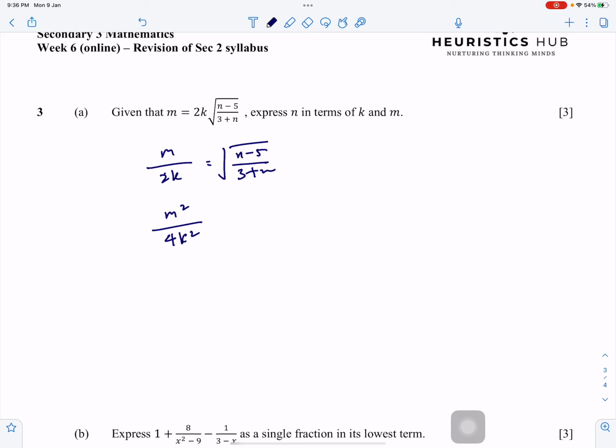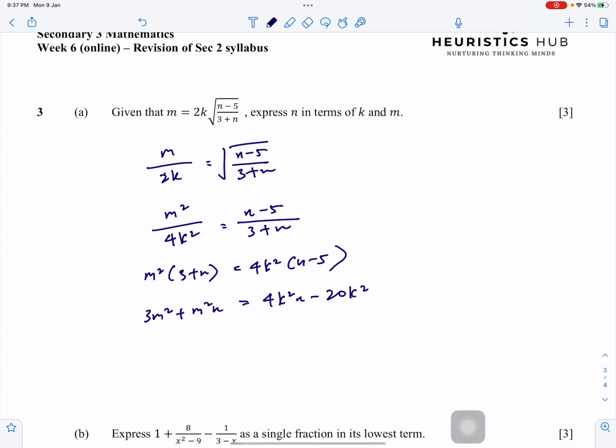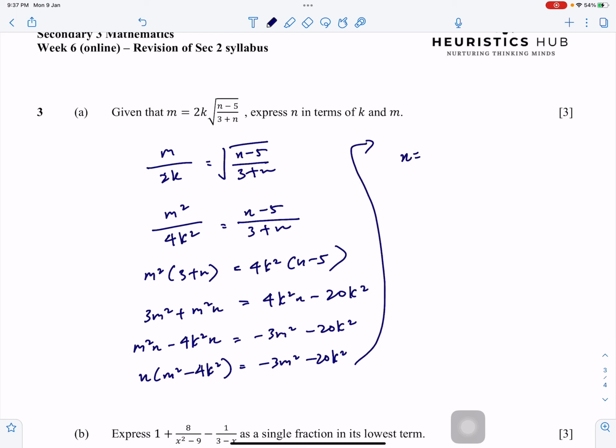So m squared over 4k squared equals n minus 5 over 3 plus n. 3m squared plus m squared n equals 4k squared n minus 20k squared. There you go.